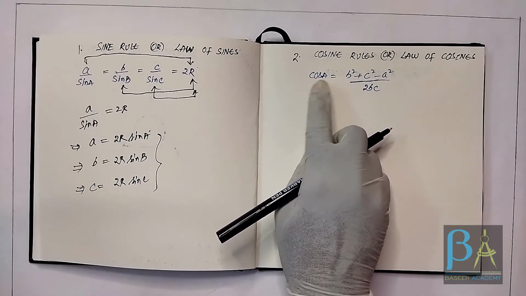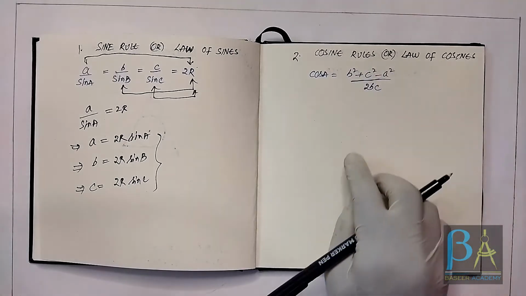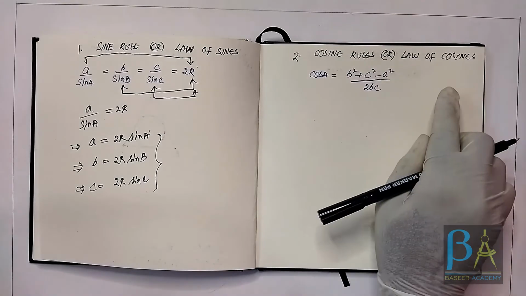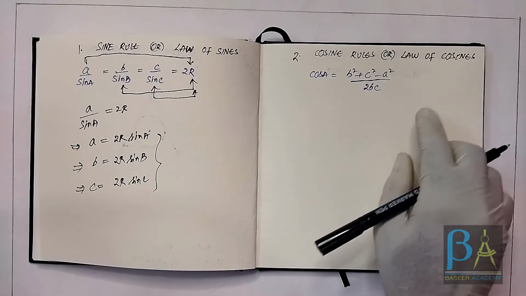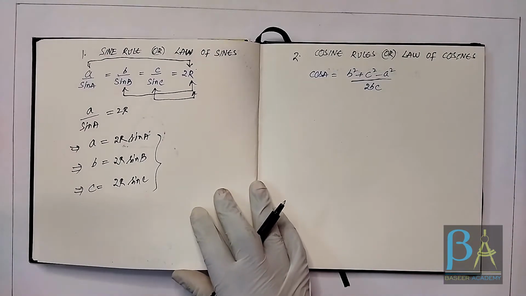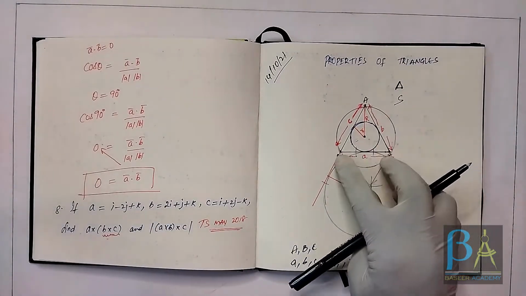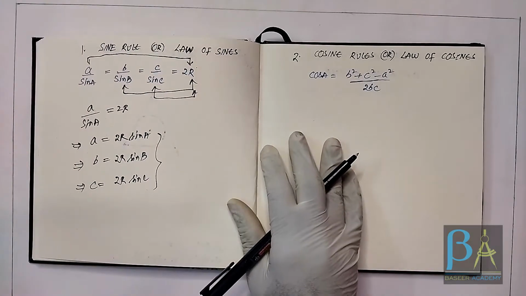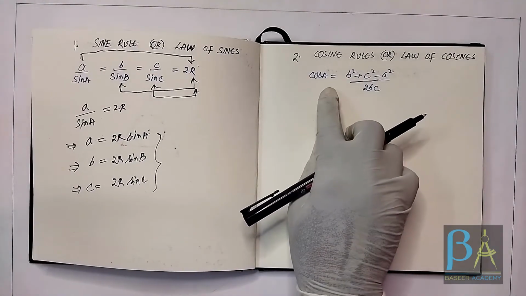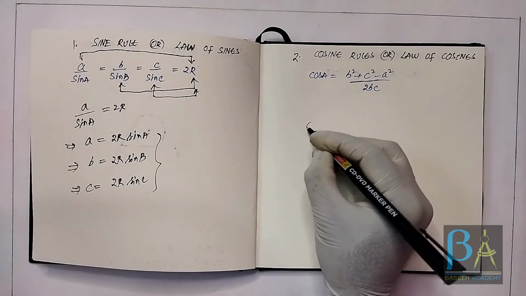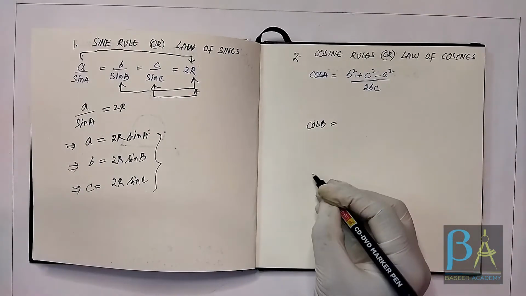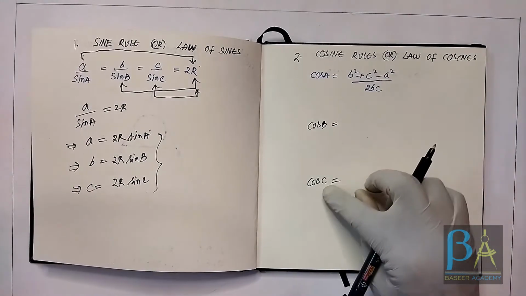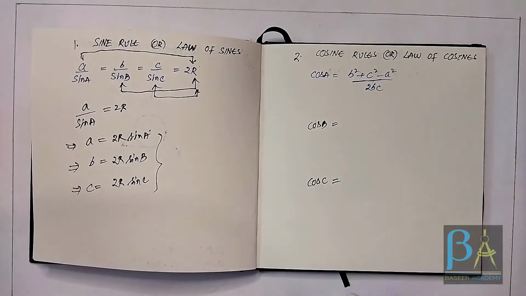Since in a triangle we have three angles, angle A, angle B and angle C, you obviously would have three cosine rules. This is with angle A, so there would be one more with angle B, and one more with angle C.